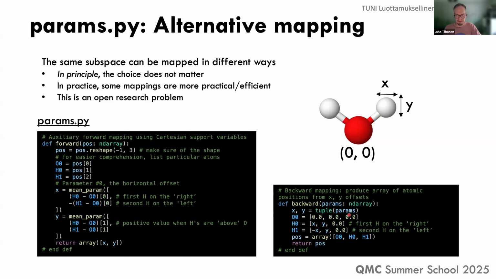In principle, it doesn't matter how we choose these parameters as long as they are consistent and they span the same degrees of freedom. In practice, some mappings are more practical. For instance, it's easier to write a backward mapping for this parameterization, and it's really an open problem what the good practices are.